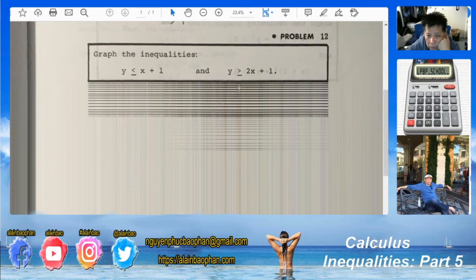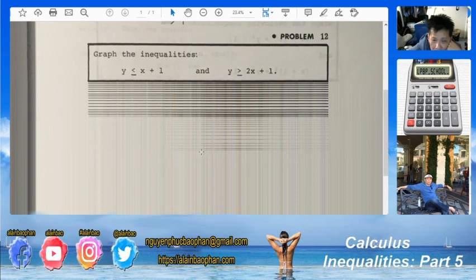Y equal x plus 1, and we need y less than or equal x plus 1. So we use the first line first. You need to pick a point. Usually you pick the origin, x equal 0, y equal 0, and that's the fastest way.